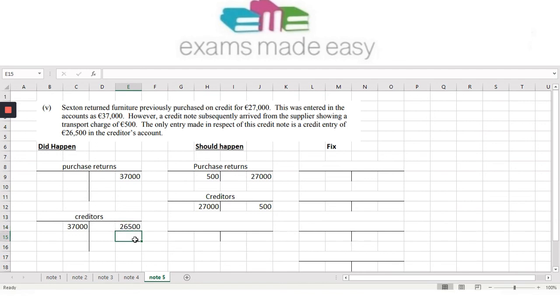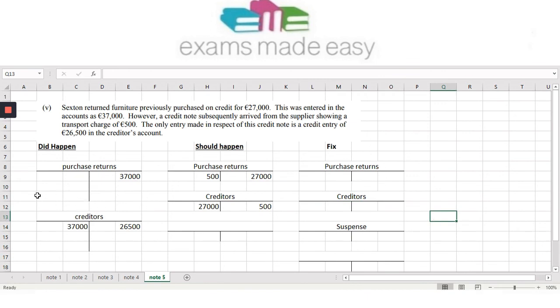So, big mistake. As you can see, firstly, these don't balance in the did column. 37,000 on that side, a lot more on that side. So there's going to be a suspense account over here. So I'll just put it as the third one. We're also going to have a purchase returns and a creditors. Okay, we're going to have three accounts to fix.